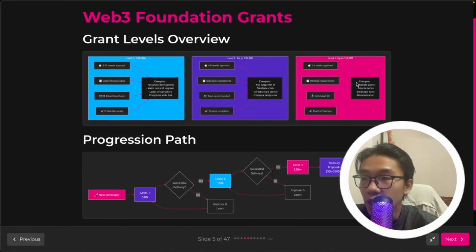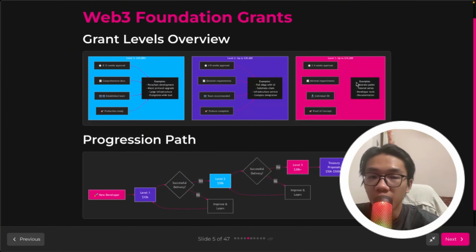Minimal requirements: you can apply as an individual, and a proof of concept is enough, it doesn't have to be something functional. For Level 2, it must be something functional and feature complete. Then you have a team commitment here, detailed requirements about what you deliver, and 4 to 8 weeks for approval.